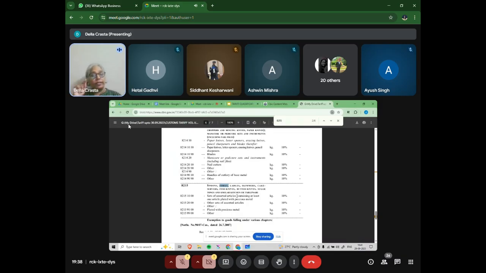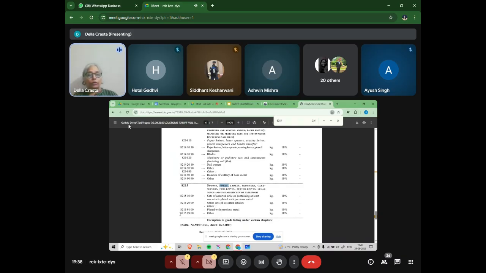Was it mentioned in 7323? No. So we apply Rule 3A here, saying that since it is more specifically described in 8215, the kitchen fork, which is made of stainless steel, will be classified under heading 8215. Got it?